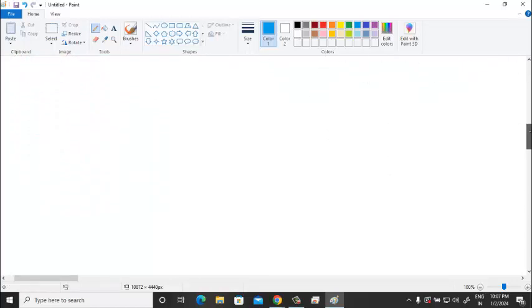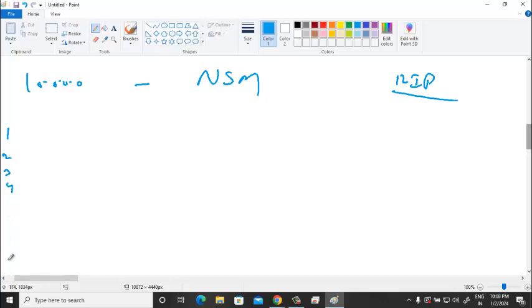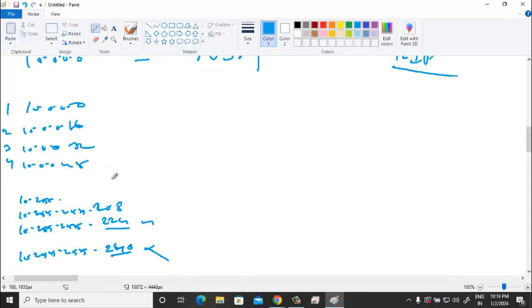So you need to write the new subnet mask, the first 4 subnets, and then the last 4. Do it. Likewise, you keep subtracting if you go from down, keep adding if you come from up.